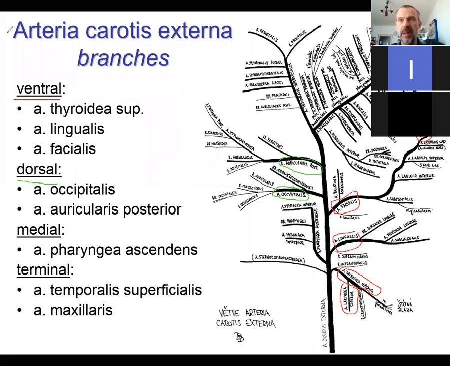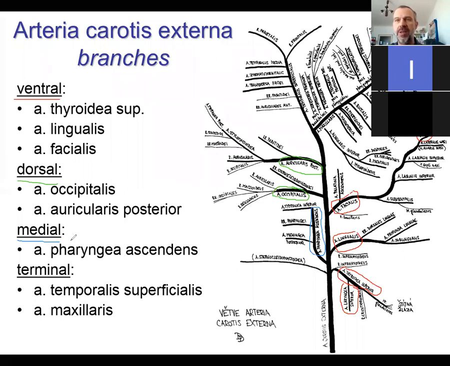And medially, we have one branch. Medially, we have ascending pharyngeal artery, yeah. Ascending pharyngeal artery, as the pharynx is the medial organ. It's unpaired, and it's not ventrally. It's quite dorsally, but still medially to the vessels.